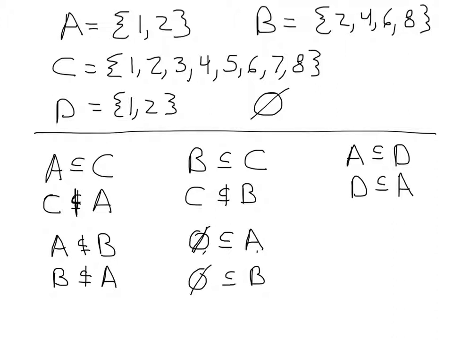The other is if we had another set, let's call it E. We'll just say it's the element number 1. Well, since E is a subset of A, and A is a subset of C, that implies E has to be a subset of C. If all the elements of E are in A, and all the elements of A are in C, we get all the elements of E are in C.